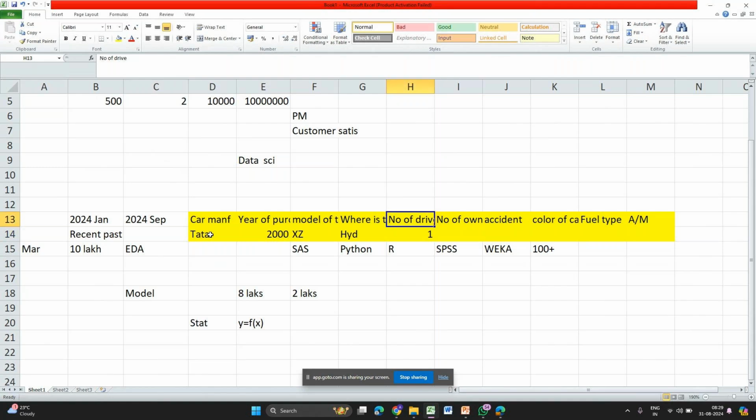The distance driven is 10,000 kilometers, and the number of owners is one. It's not an accident car, so it's 0. The color of the car is white. The fuel type is diesel. When I give this information to my system, and whether it's manual or automatic, manual, the system automatically calculates and gives the value like this. So this function you're going to create with the help of 8 lakhs records.